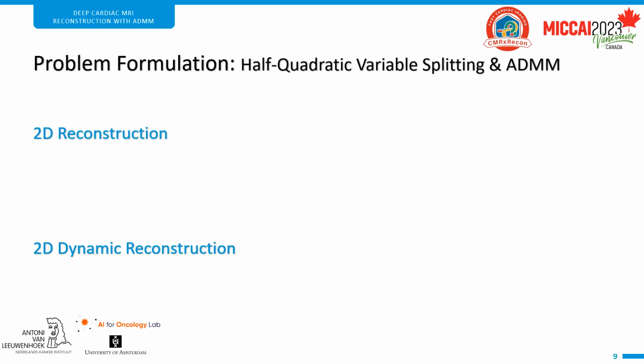To solve these problems, we've applied 2 well-known mathematical optimization methods. We've combined the half-quadratic variable splitting method with the alternate direction method of multipliers. The ADMM algorithm unrolls the optimization process into several iterations, each comprising of 3 core updates.